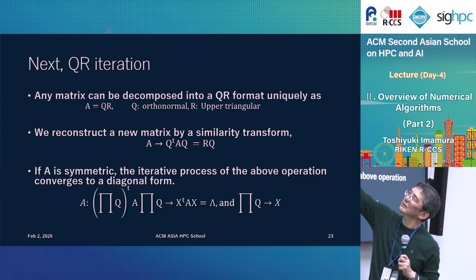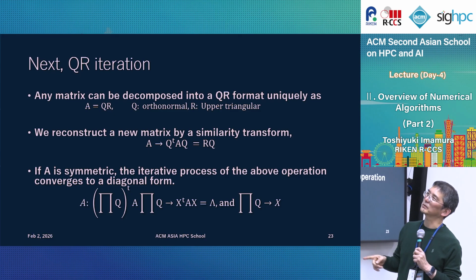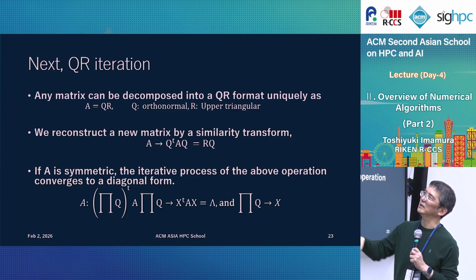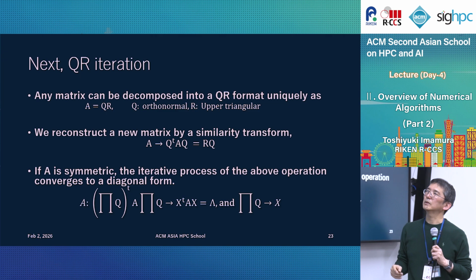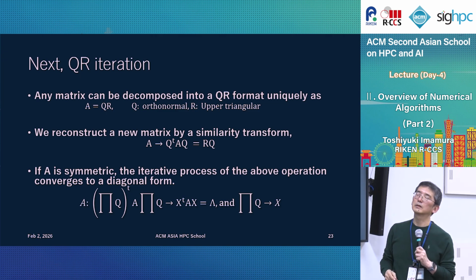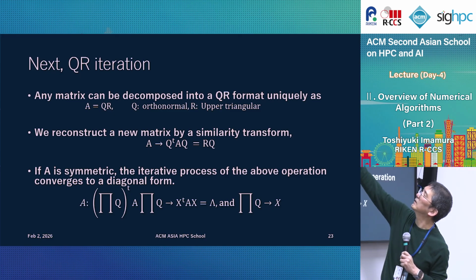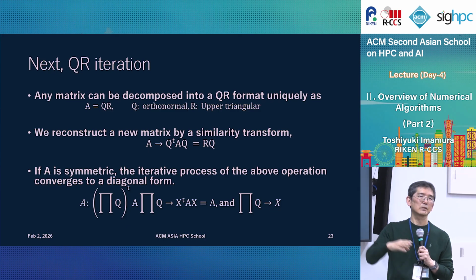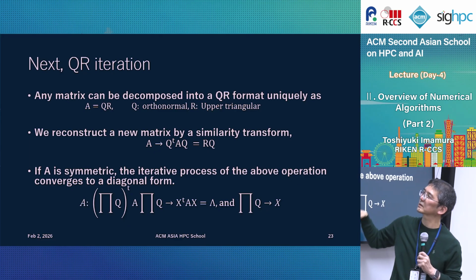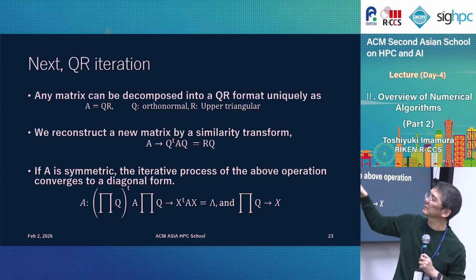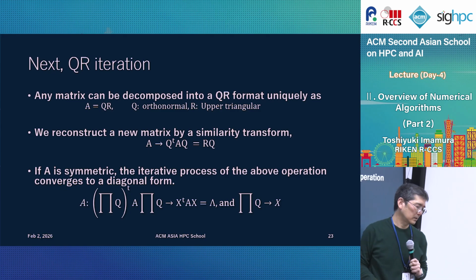The basic idea comes from any square-shaped matrix A. It can be decomposed into two matrices, Q and R, where Q is an orthonormal matrix and R is an upper triangular matrix. Generally, Q is a dense square matrix, and R is the upper triangular matrix.